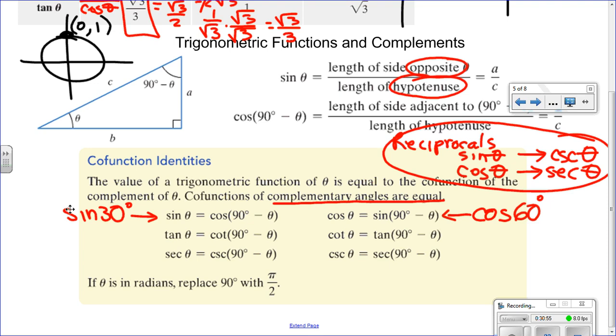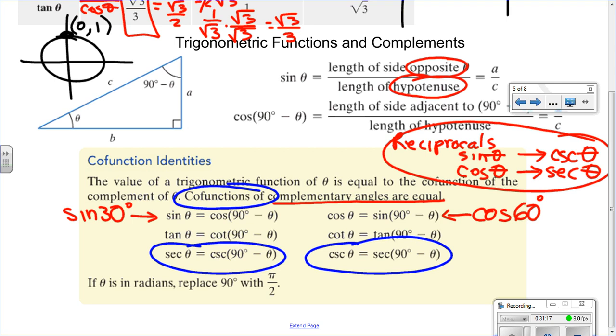But when we talk about cofunctions, look how they are paired up. They're not the same, okay? Please acknowledge that. So the sine goes with the cosine, and the tangent and cotangent are the same for both, reciprocal or cofunction. But the change here happens with secant going with cosecant. Okay, so it's very different.